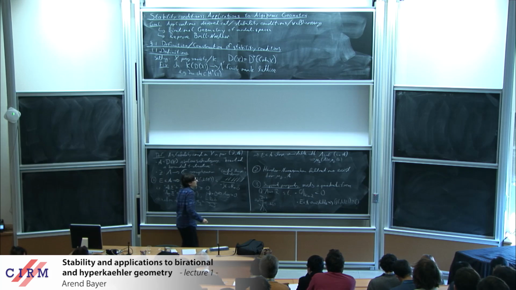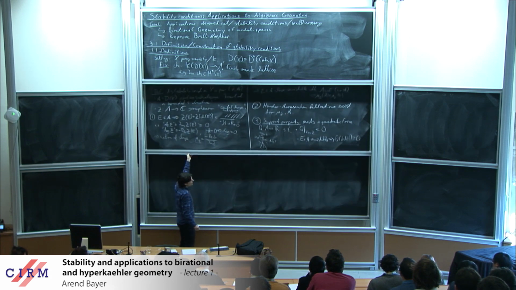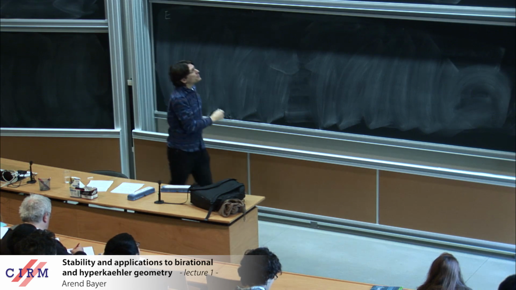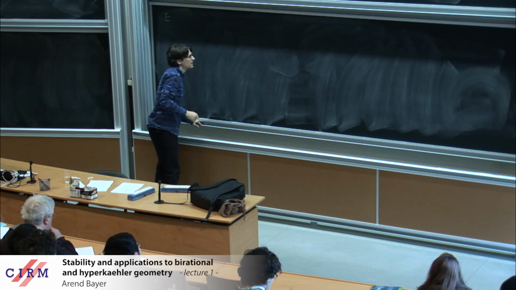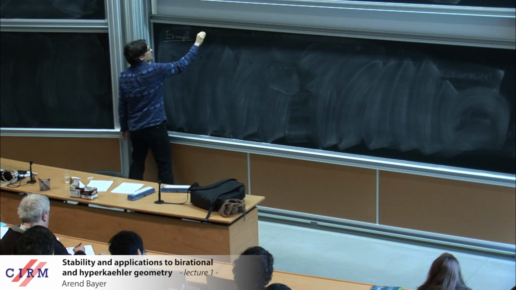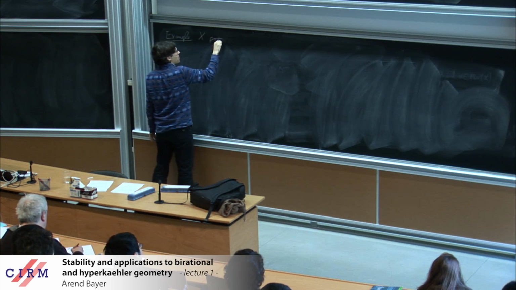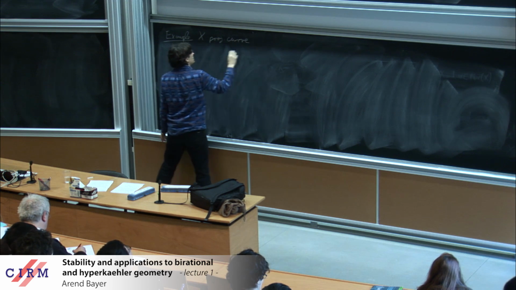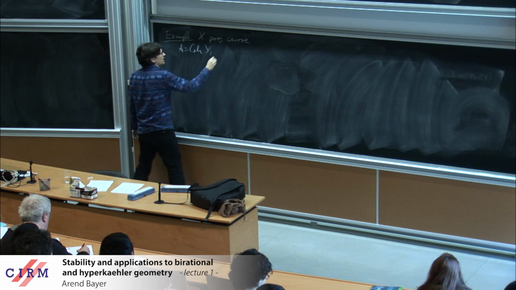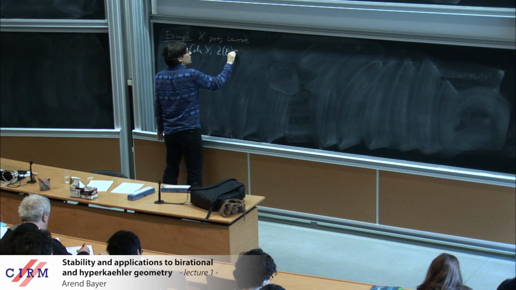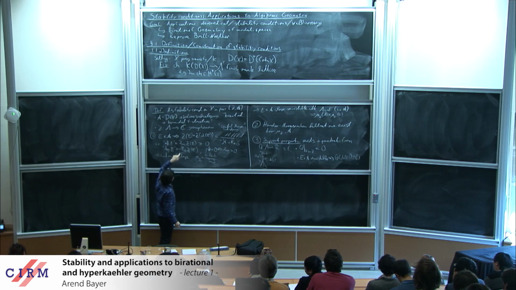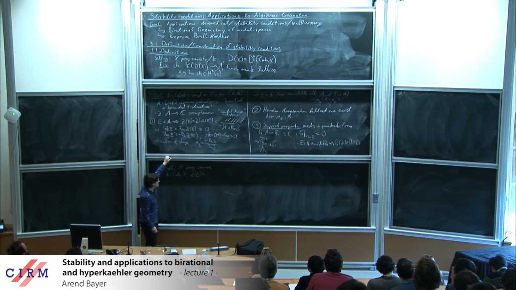And of course, the example where I don't have to do anything, of course, is the case of curves. So if X is a projective curve, then I can take just A to be coherent sheaves on X, and Z of E basically by reverting these two as the relation between the central charge and rank and degree.